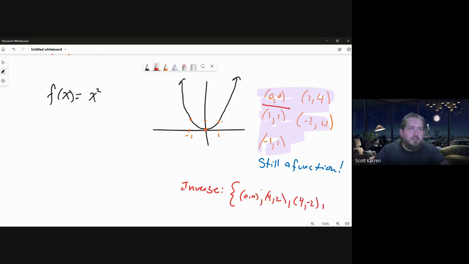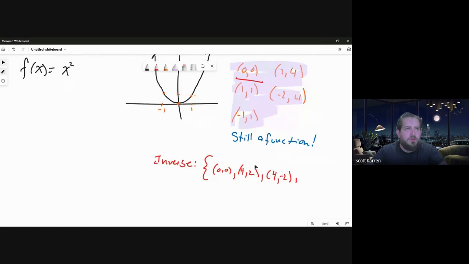And then I'd have points like, say, 1, 1 and 1, -1. And what I can say about just the points that I've created, just looking at a few points on this graph, is that the inverse of the function does not appear to be a function.